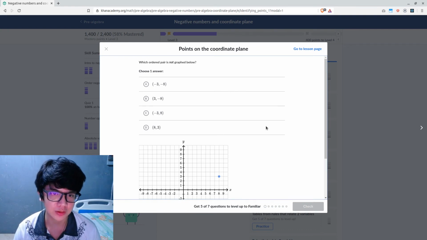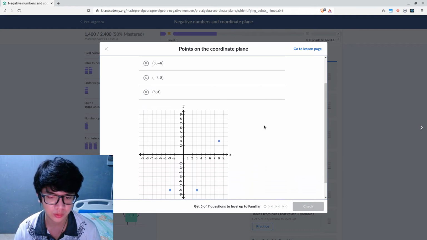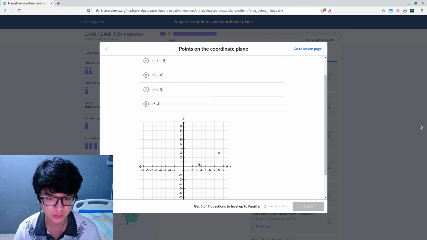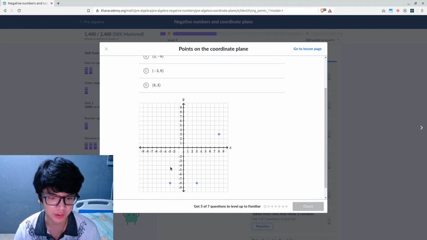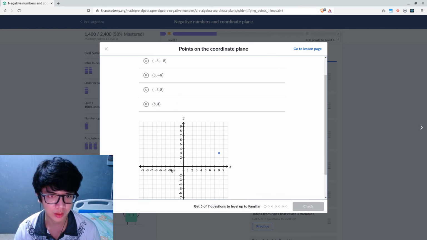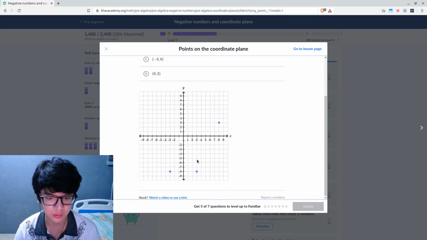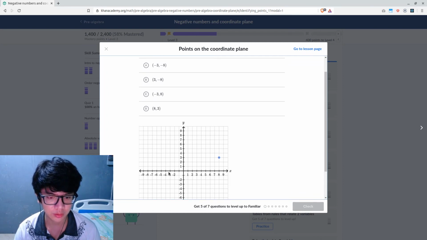Which ordered pair is not graphed below? Let's see, -3 and -8. Okay, cool. 3, -8. -3 and +8.